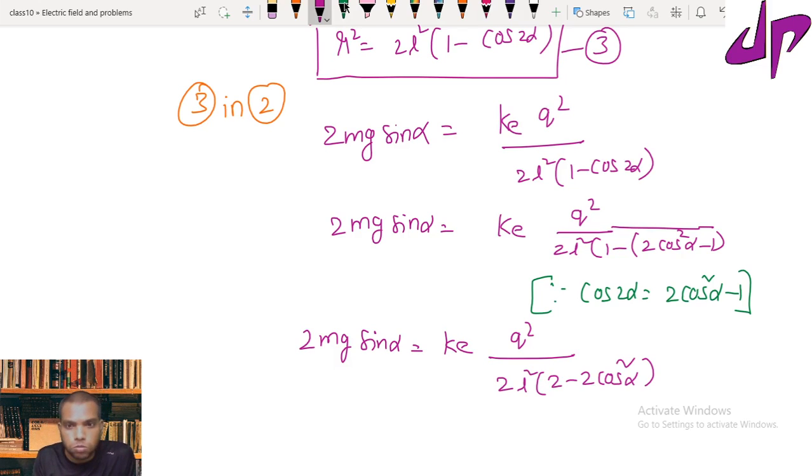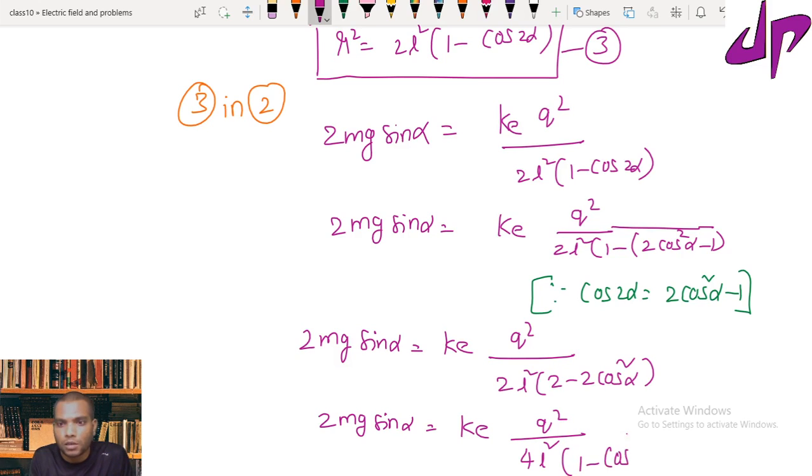Now, almost getting there, we can take the 2 common. 2 mg sin alpha equal to ke times q square upon, if you pull 2 outside, it becomes 4L square times 1 minus cos square alpha.